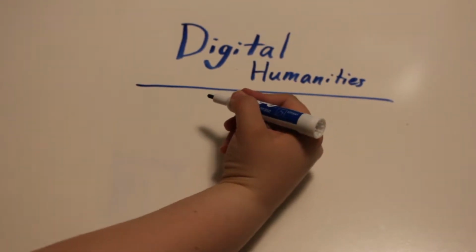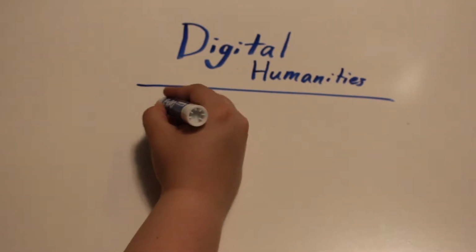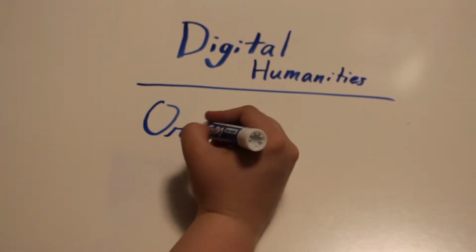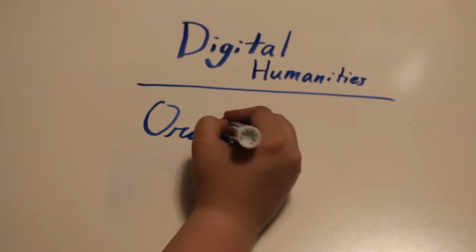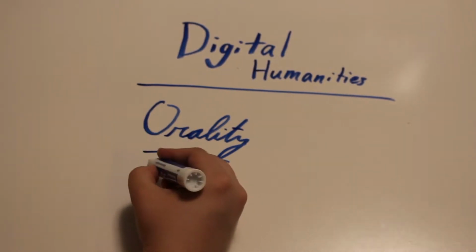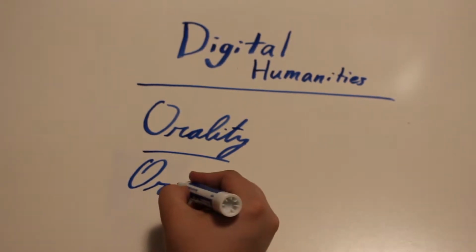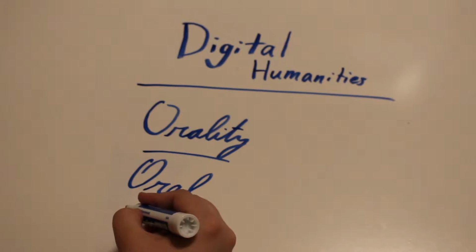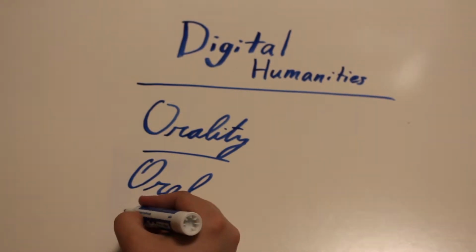So, if you know about the history of human communication, you're probably familiar with orality or oral tradition. This is basically just how everybody used to communicate, by verbal stories.